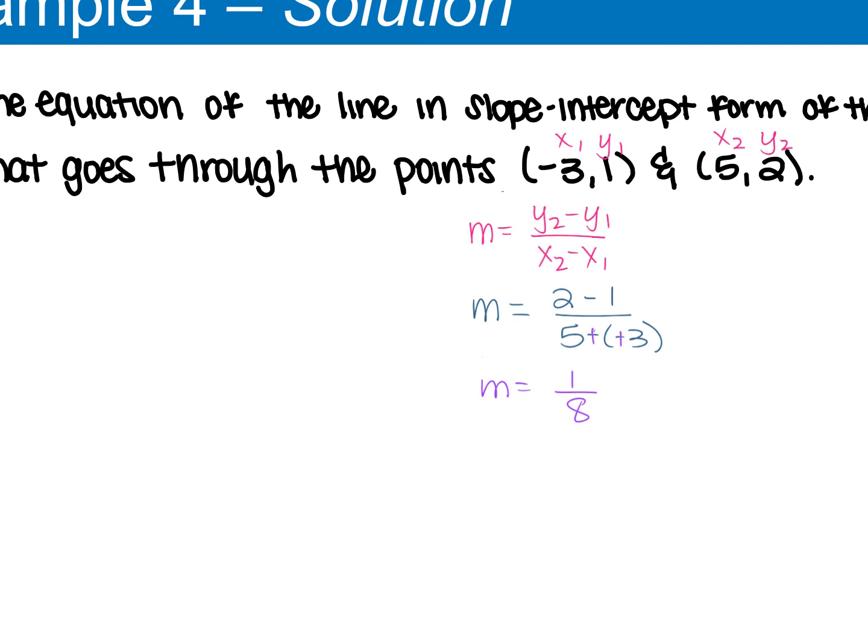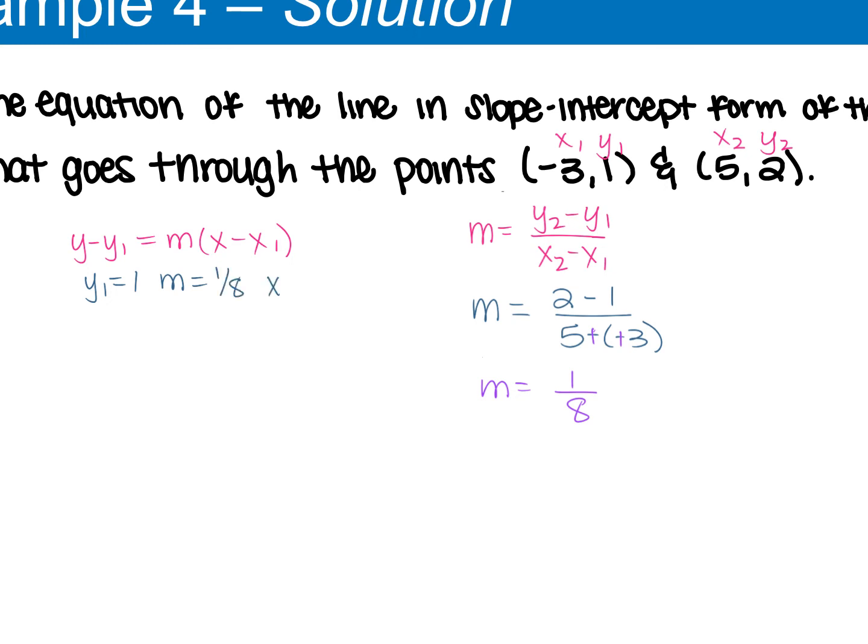We're going to use that and one of the original points to put it into point-slope form. The point-slope form is y minus y1 is equal to m times x minus x1. From the beginning, we said that y1 is 1. We found that m is 1/8.